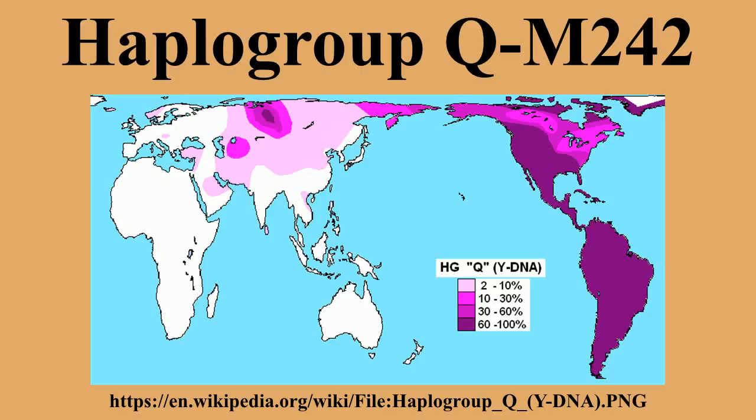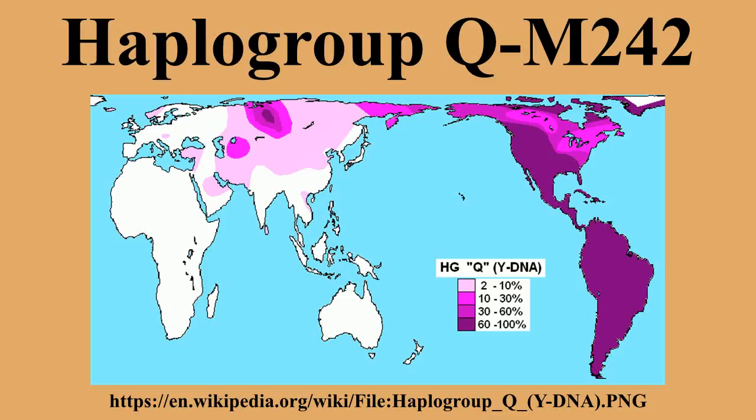Central Asia. In Central Asia, the southern regions show higher frequencies of Q than the northern ones. In the northern regions, Q-M242 is found in about 2% to 6% of Kazakhs. It is found in about 2% of Kyrgyz people.